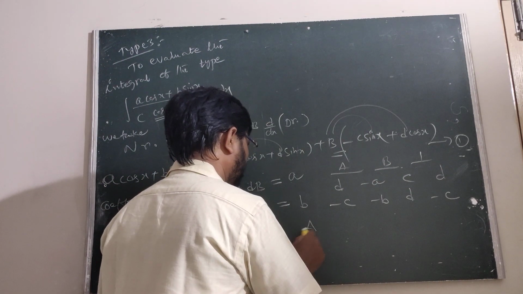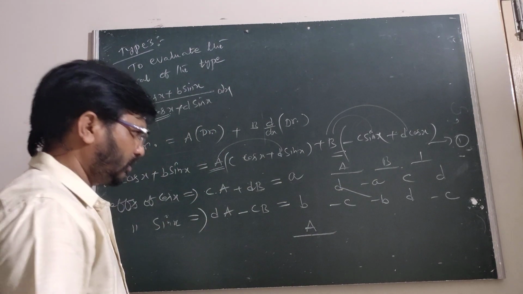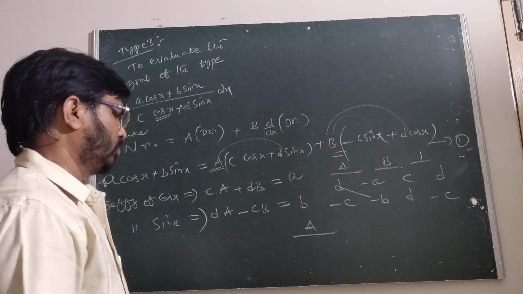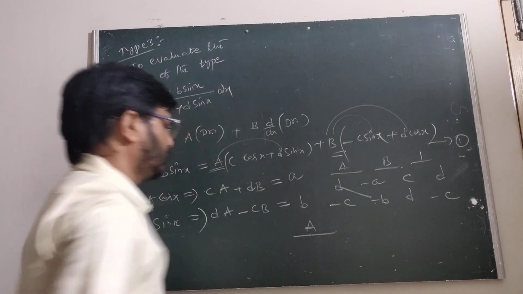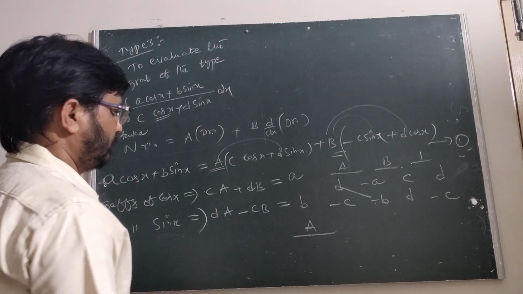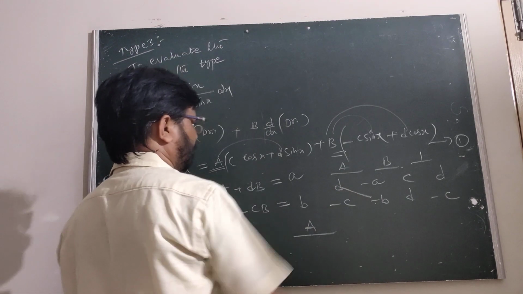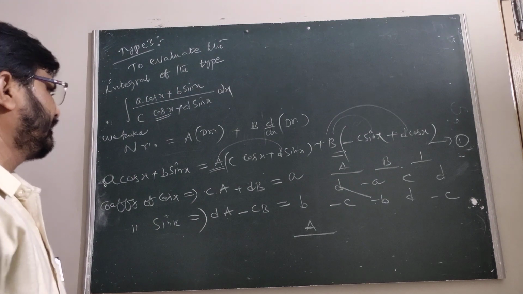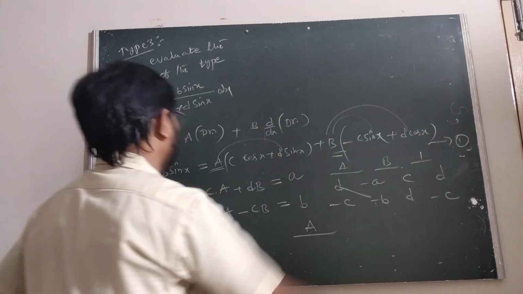Now we can write A upon, what are we getting here? How to find A? Now this is minus BD. Minus BD, minus, here A by is, what is AB here? B into D, BD.